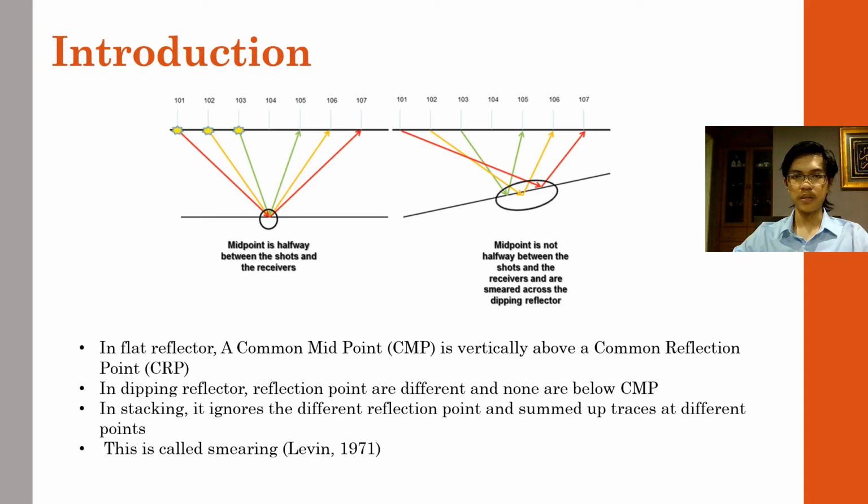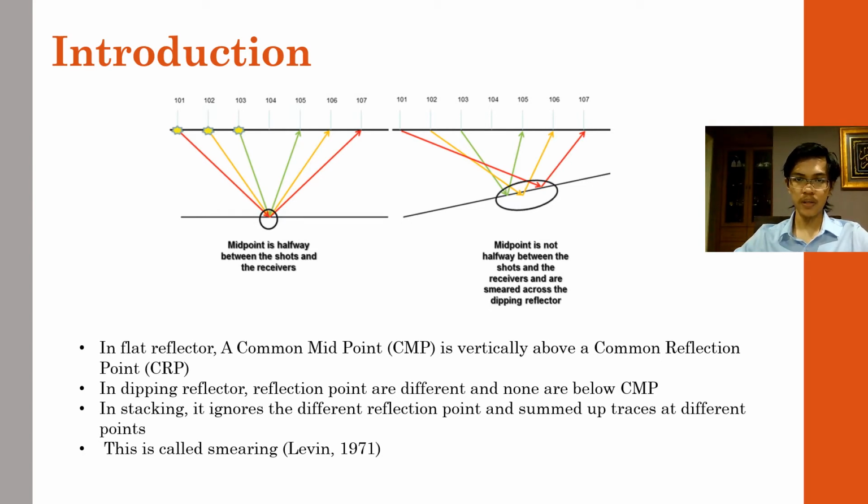A little bit of introduction about dip move out. In a flat reflector, the common midpoint, the midpoint between source and receiver, is always vertically above the common reflection point where the seismic ray path reflects. But in a dipping reflector, the reflection points are different and none of them are below the CMP.